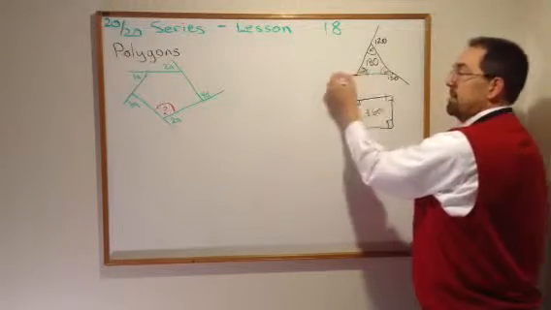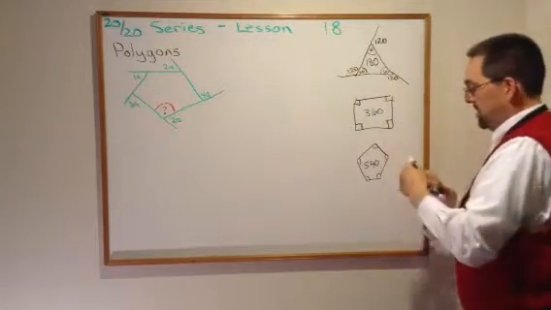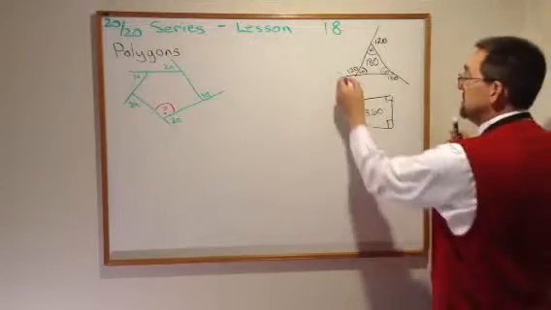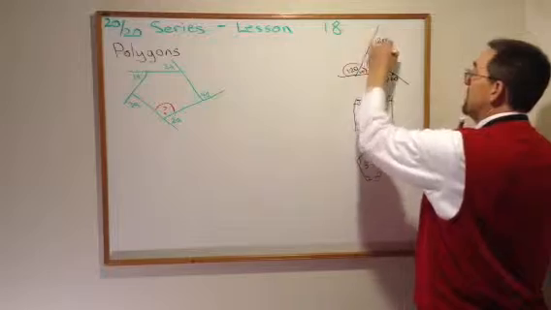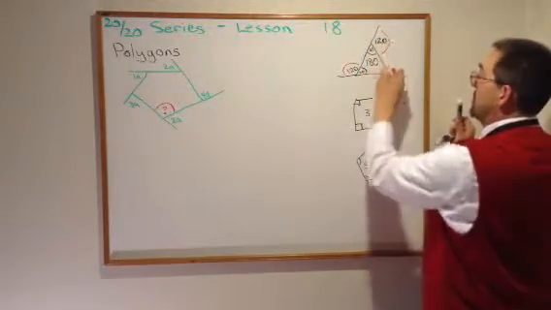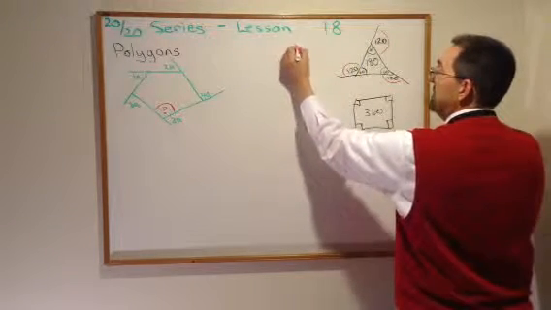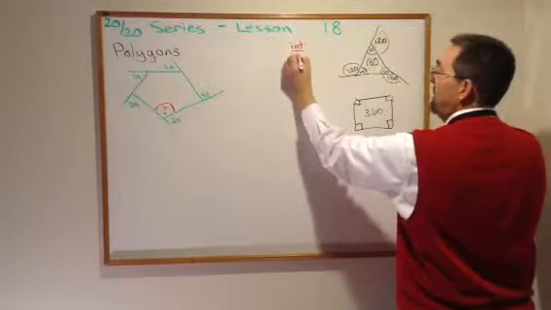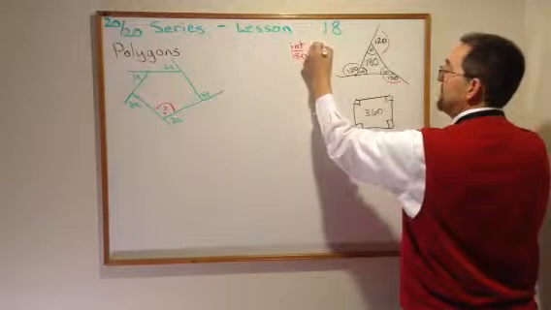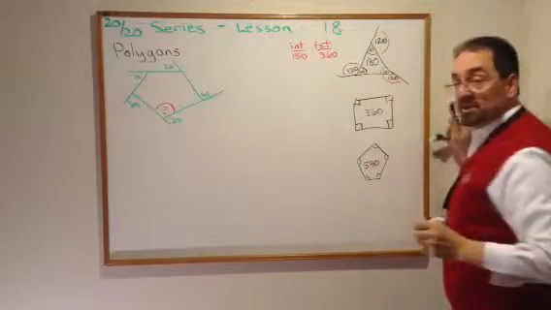Got a 60, 180, we got 120. So the exterior angles of a triangle, 120, 120, 120. So we have interior, 180, exterior, 360. Let's look at the square.